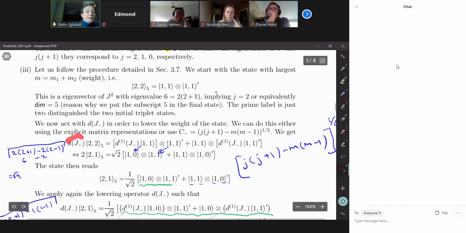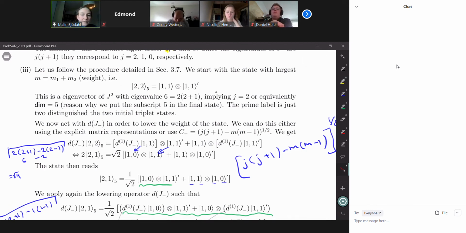So first, if we act with J minus on this side here, we recall this formula for coefficients. So it was J times J plus 1 minus M times M minus 1, raised to the power 1/2, so square root.